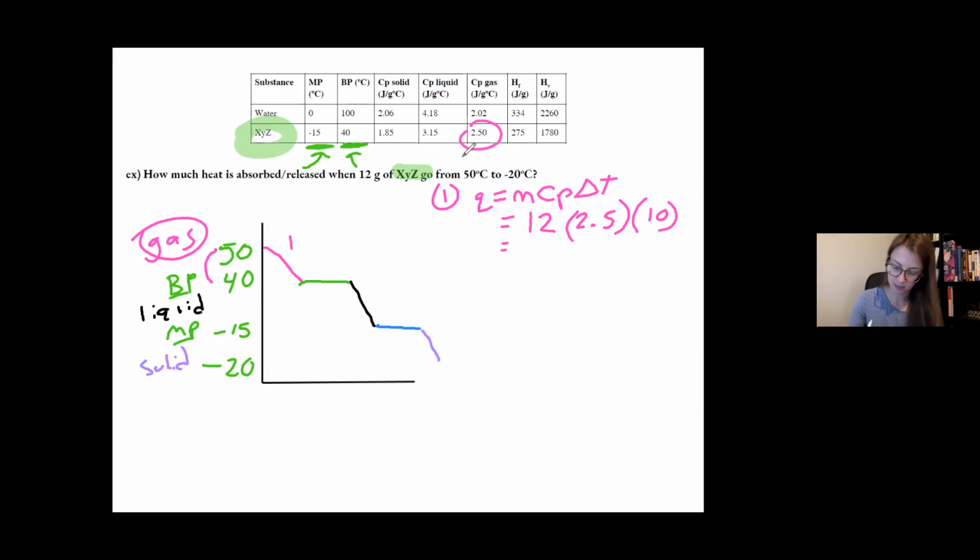It would help if I typed it correctly. 300 joules. My second step, since it's at the boiling point, it's a flat line, therefore it's a phase change. Since we're at the boiling point, we would use HV rather than HF.